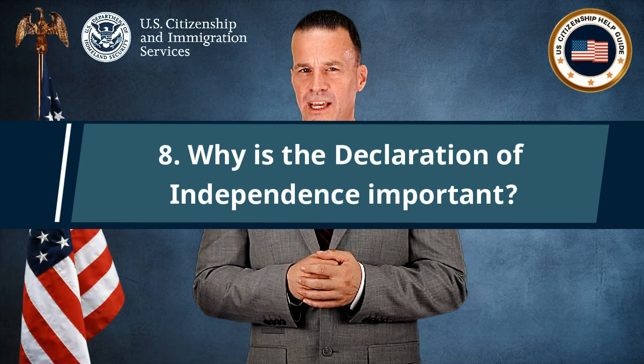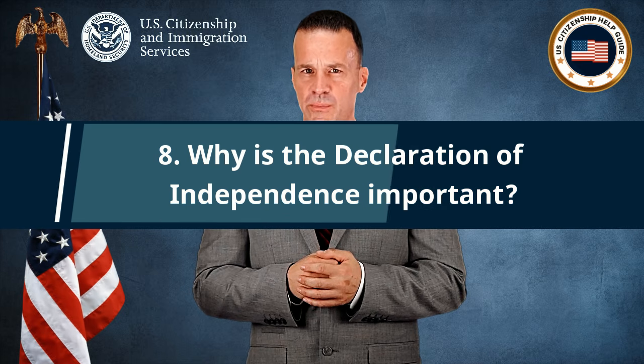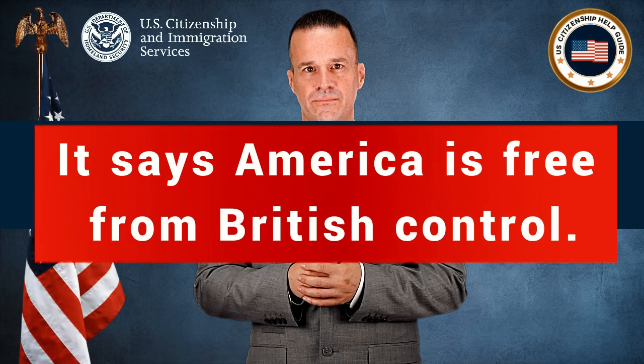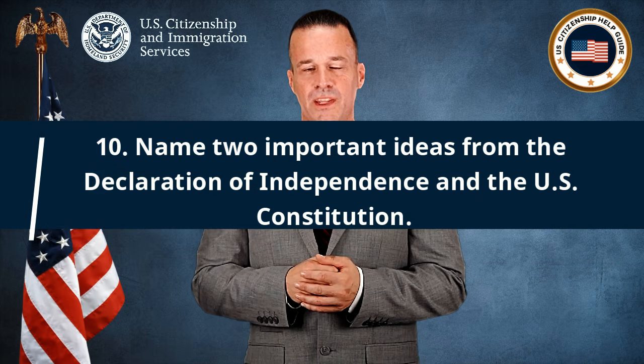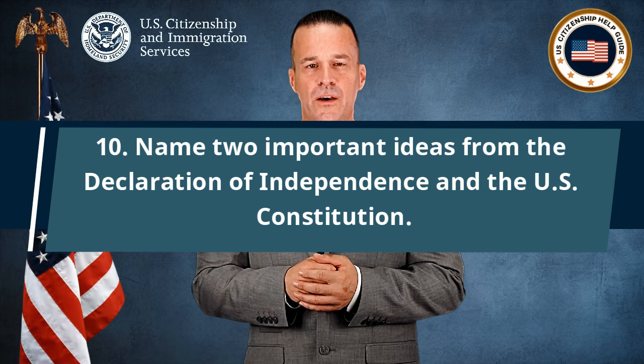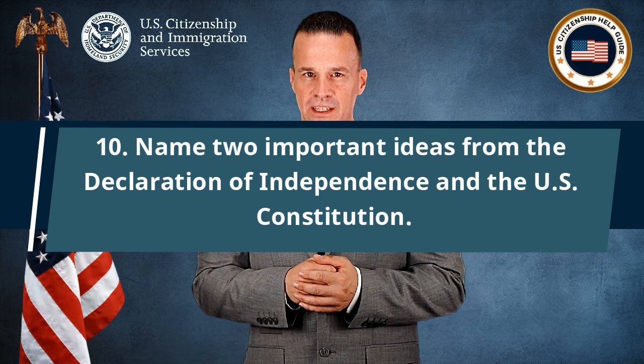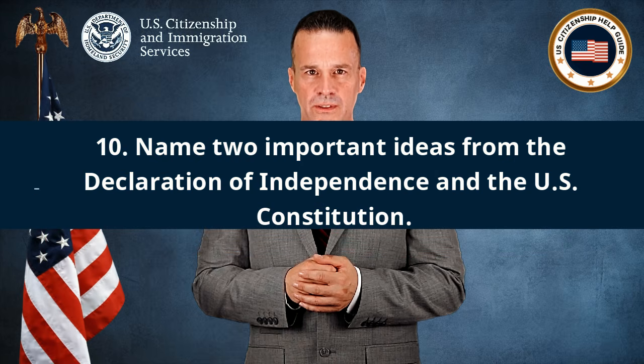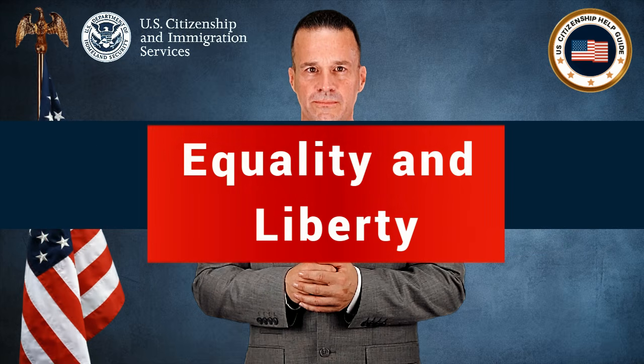Why is the Declaration of Independence important? It says America is free from British control. 10. Name two important ideas from the Declaration of Independence and the U.S. Constitution. Equality and liberty.